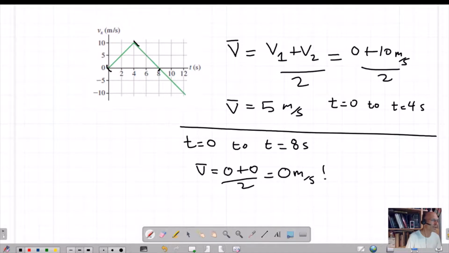But that doesn't make any sense, because we can see that this graph has a positive area above the axis. Here, I can shade it in. And that indicates, remember, that area is equal to the displacement.